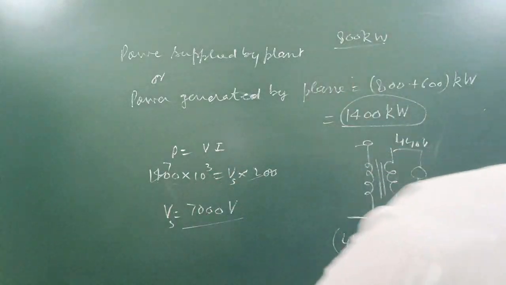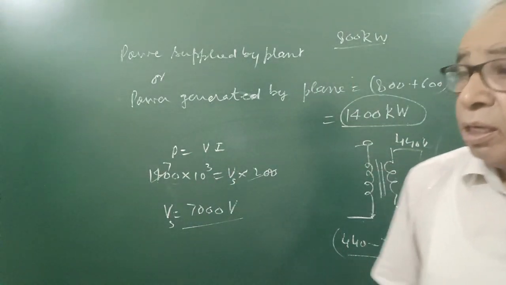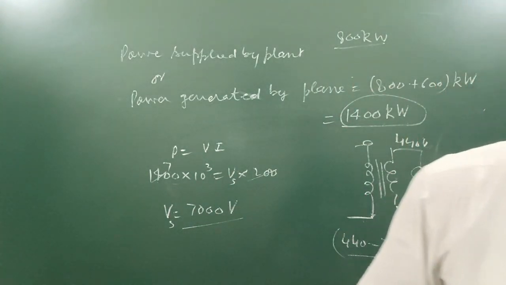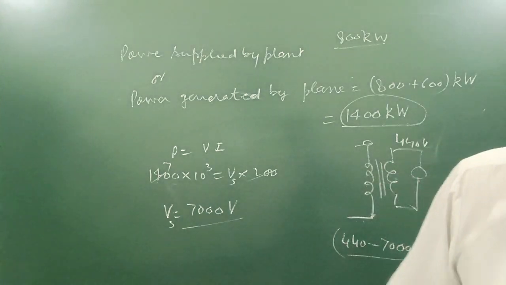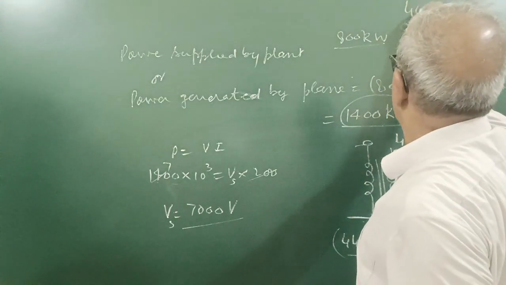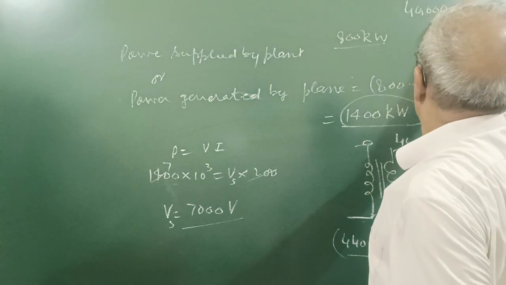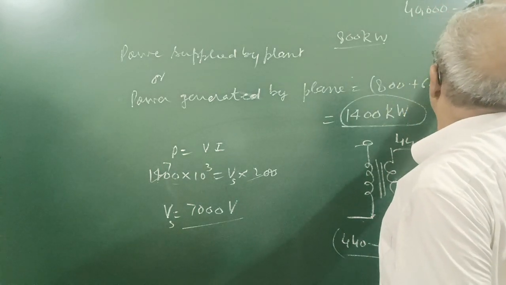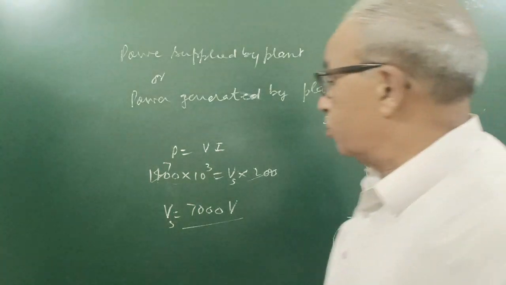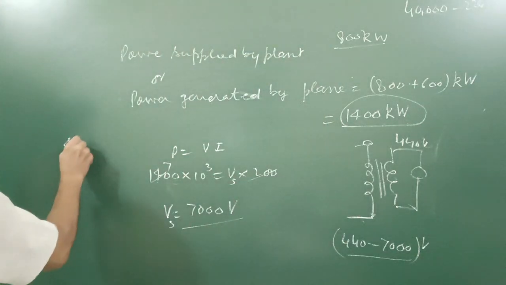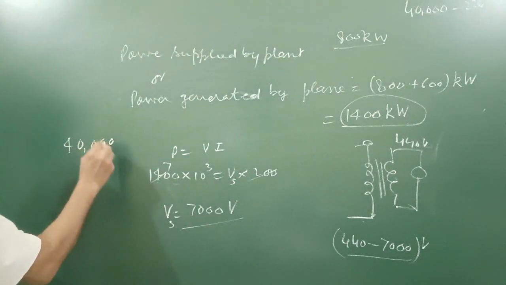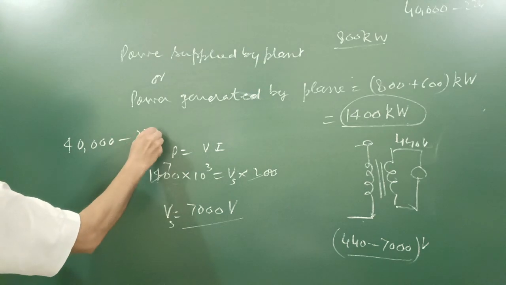Then 7.26 question is there. Repeat the same question by using a transformer at 40,000 volt. 220 volt. टाउन पर जो ट्रांसफॉर्मर है अगर वो 40,000 वोल्ट है, that's 220 volt.